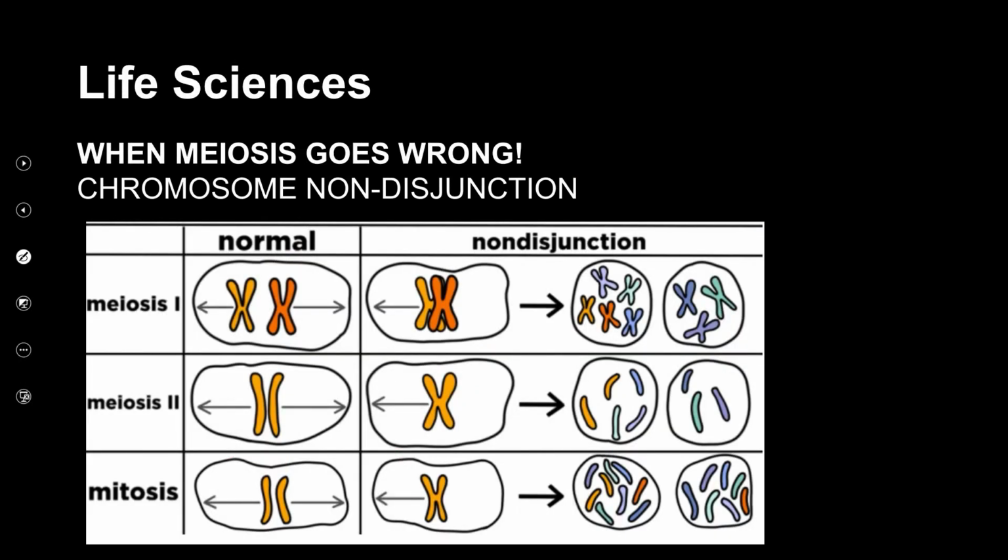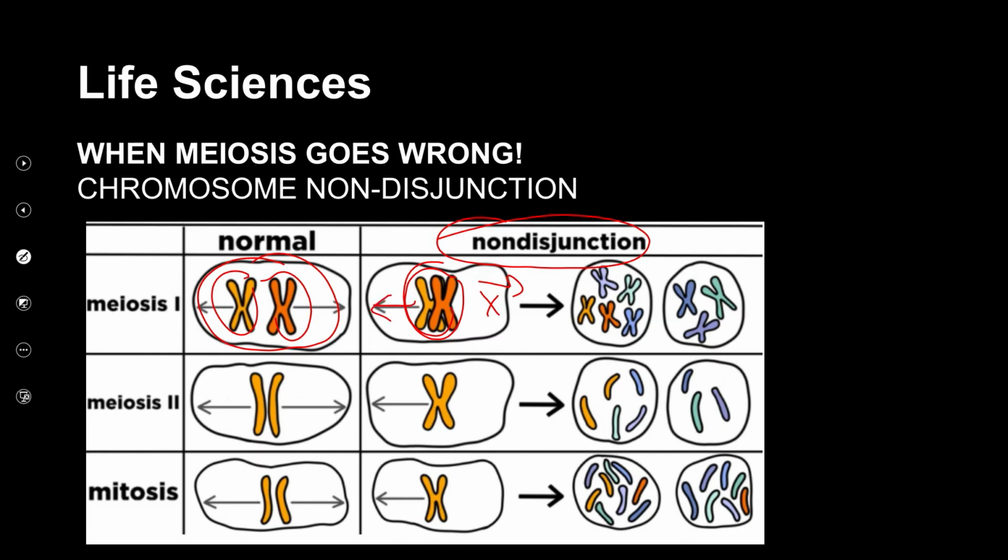Right, so this is an overview of what happens during non-disjunction, again, the non-separation. During meiosis 1, the normal process is that chromosomes move to opposite poles during anaphase 1. However, during non-disjunction, towards one side there is no separation of chromosomes, and we see the entire pair being pulled to the one cell.